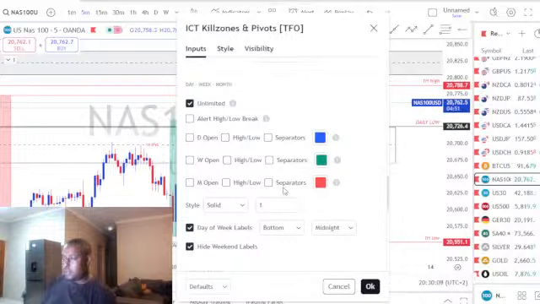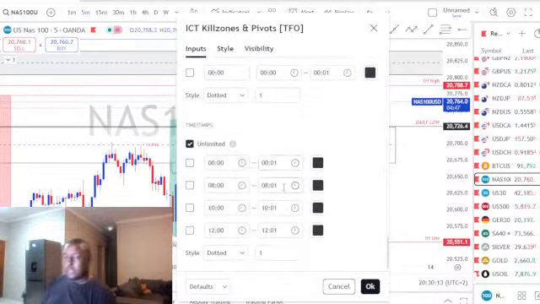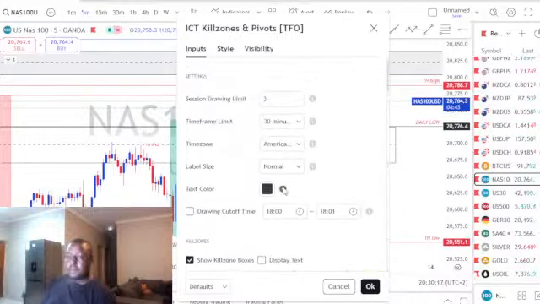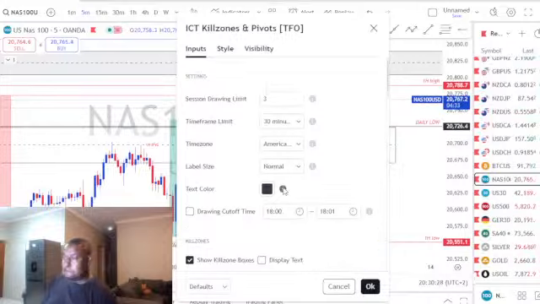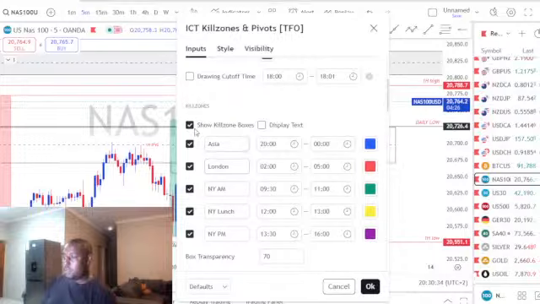Okay. Don't want to show the box. Why don't you give me that setting? Give me a second. Oh, sure. No, no.